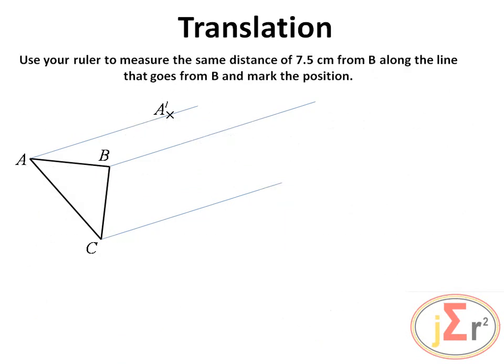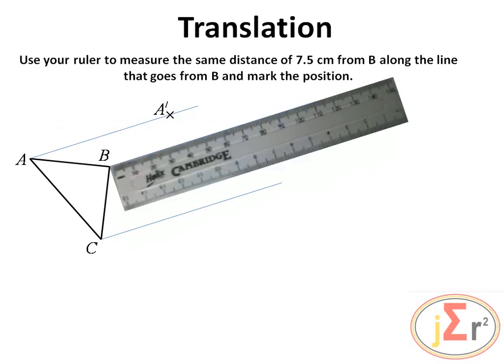So we are going to do the same thing for B. We use the ruler and measure from B 7.5 centimeters. The new point is the image of B, called B prime.